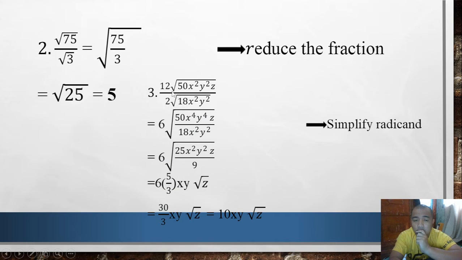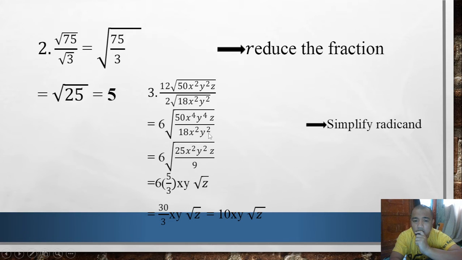Another, number 3: 12 square root of 50x squared y squared z all over 2 times square root of 18x squared y squared. Okay, same index for the radical, so you just divide or simplify. 50 over 18 can be simplified as 25 over 9, and 12 divided by 2 is 6. Ito na. And then yung mga ano dito, we can simplify by subtracting their exponents.